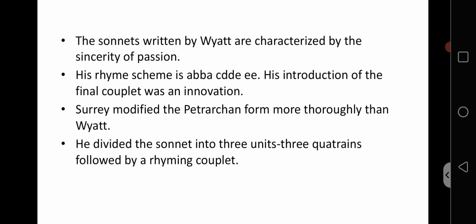So, when we study the English sonnet, there is a modification made by these two writers. Surrey divided the sonnet into three units.